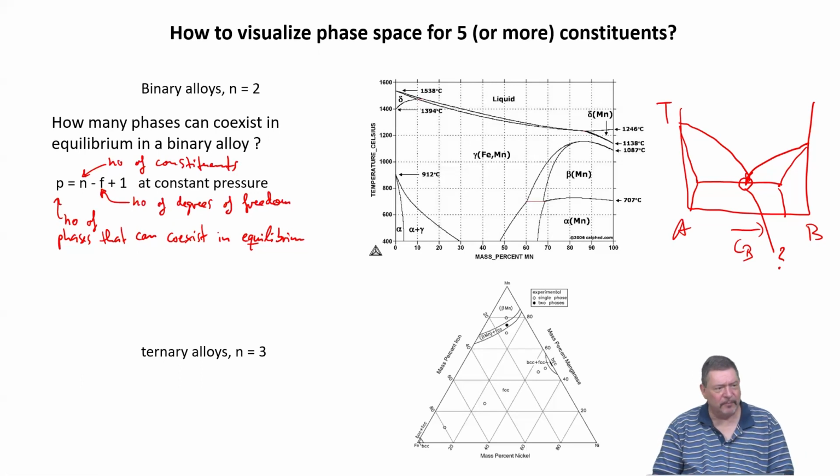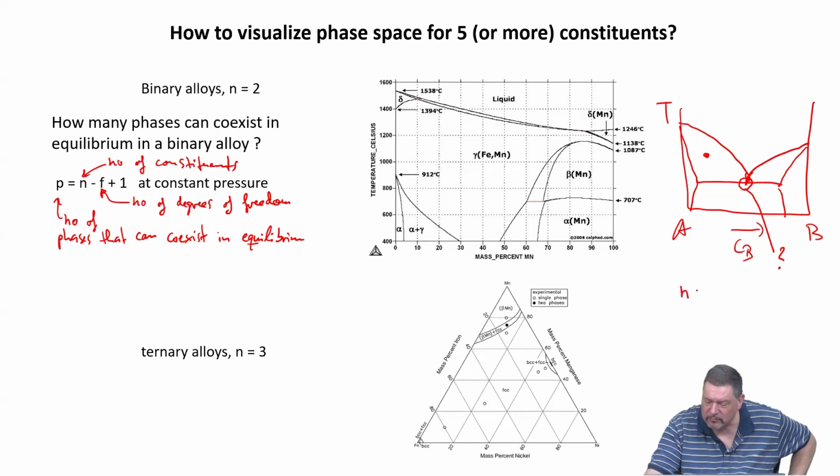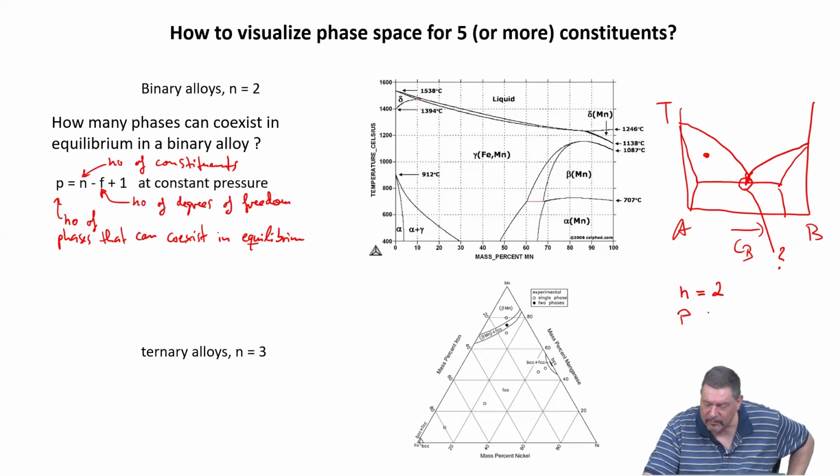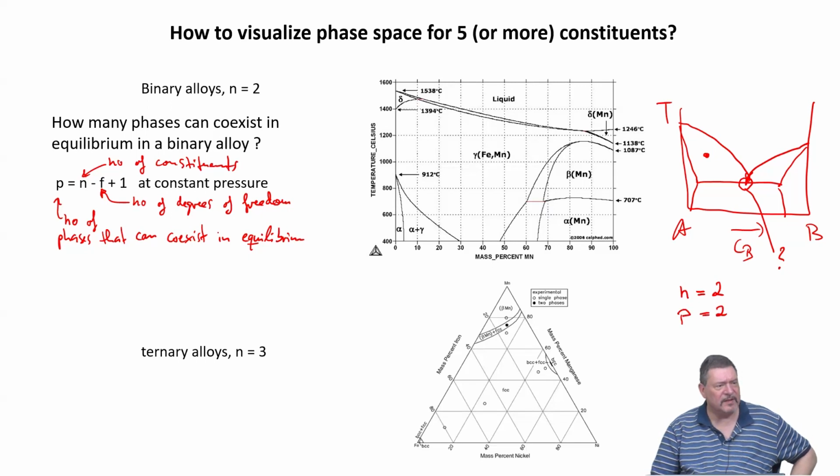So if we are, for example, at this point, then we have n equals 2, which is the constituents A, B. We have phases equals 2, right?